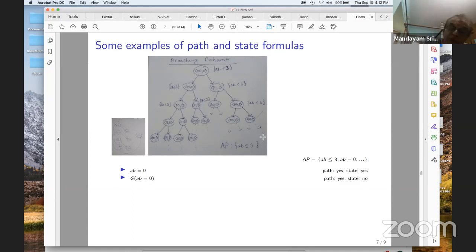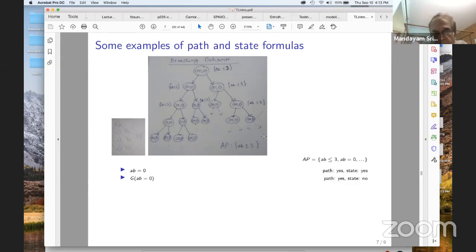The reason I asked that question was because that's how you should view properties. Properties are, in some sense, independent. They have a meaning as a set of paths which are independent of any particular transition system or model. So I asked: are there arbitrary paths in this computation tree for which this is true?